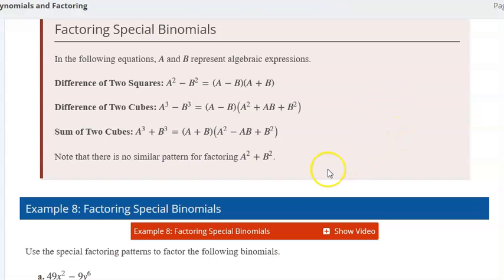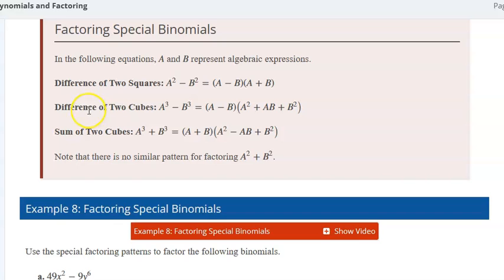Now, earlier, they had special products where we are factoring the difference of perfect squares, which factors into their conjugates.